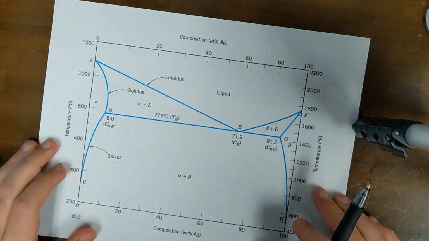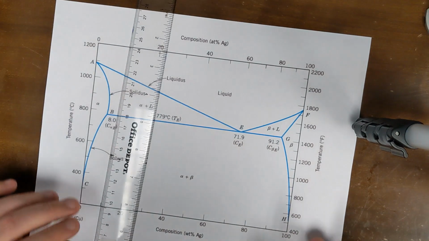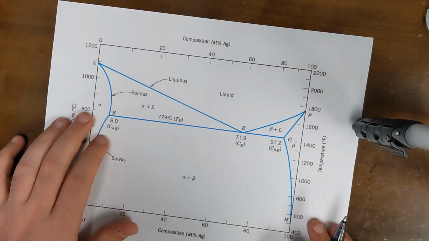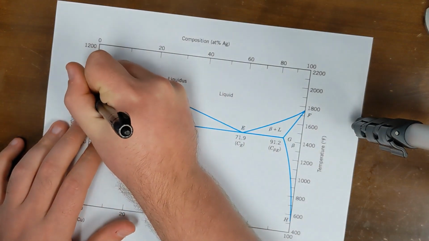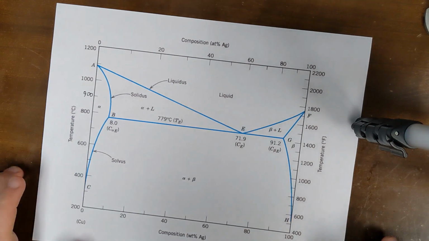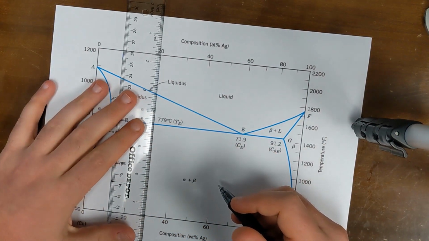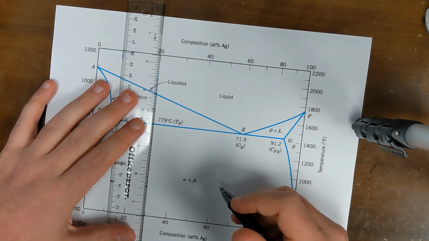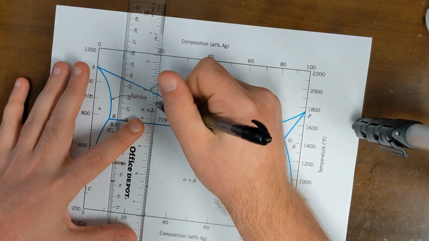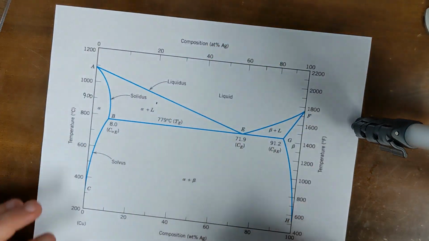Okay, let's take, I think, the one from class. Let's say 900 degrees Celsius, right? So I'll put 900 here, and let's say 30% zinc. Sorry, 30% silver. So right about here-ish, right?